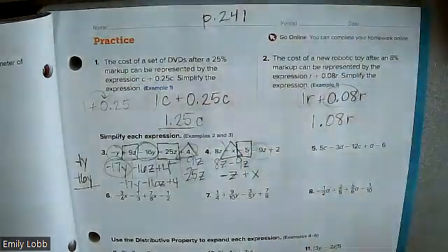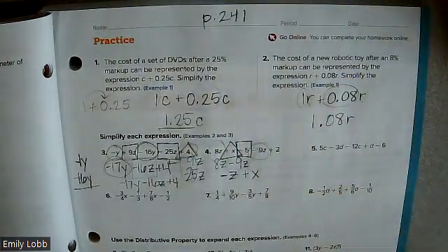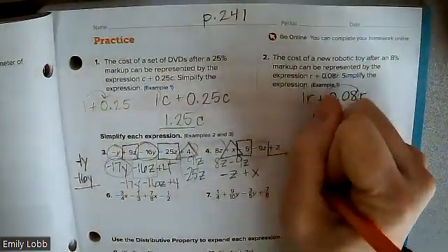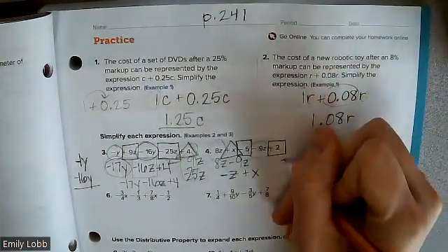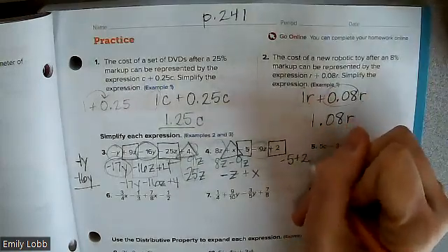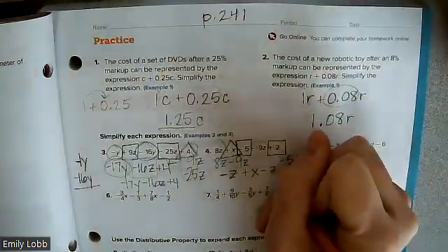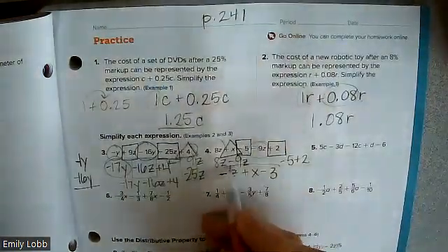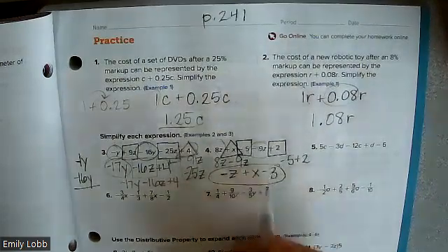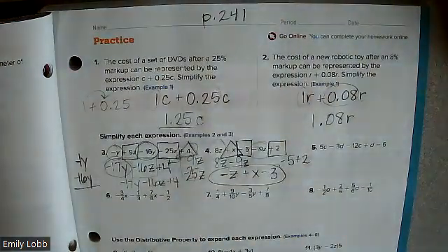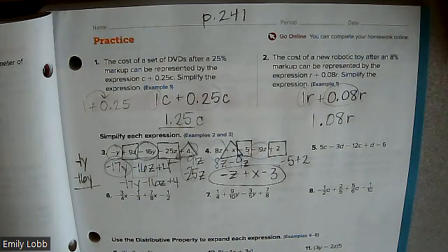Is there any other constants we can combine with the negative 5? The 2, right? So what's negative 5 plus 2? Negative 3. So that's our simplified expression. Some things we can combine with others, and other things we just bring down, right? If there's nothing like it.